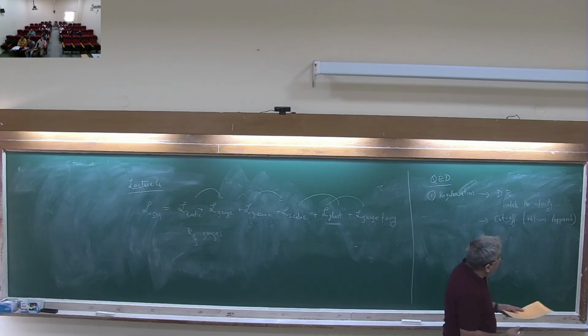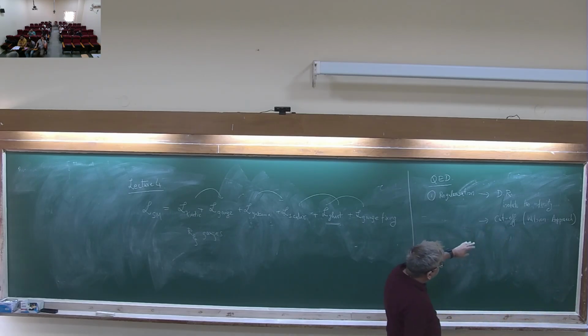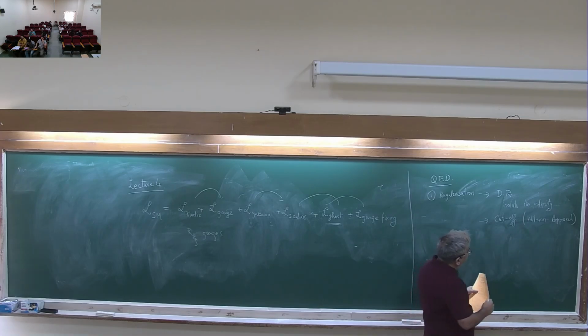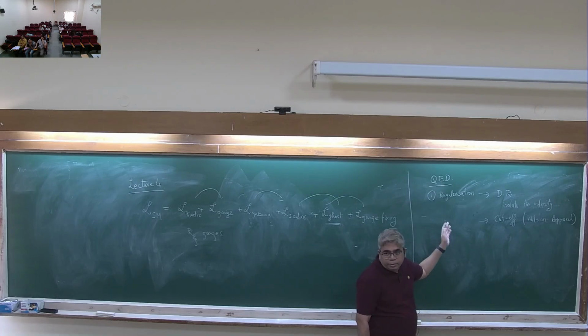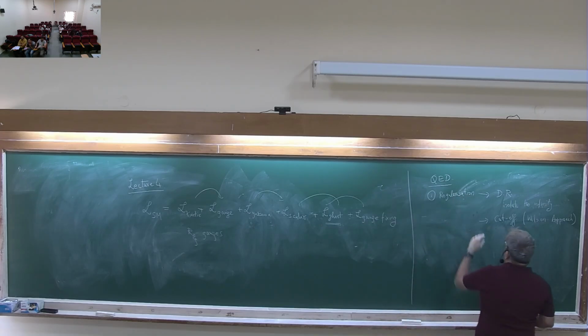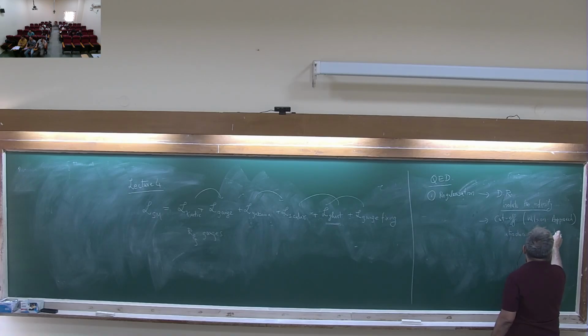So he used a cutoff, and we'll come to the problems of using the Wilsonian cutoff method for the standard model a little bit later. The first step in any renormalization procedure is called regularization, where you isolate or introduce the infinity as a momentum cutoff.